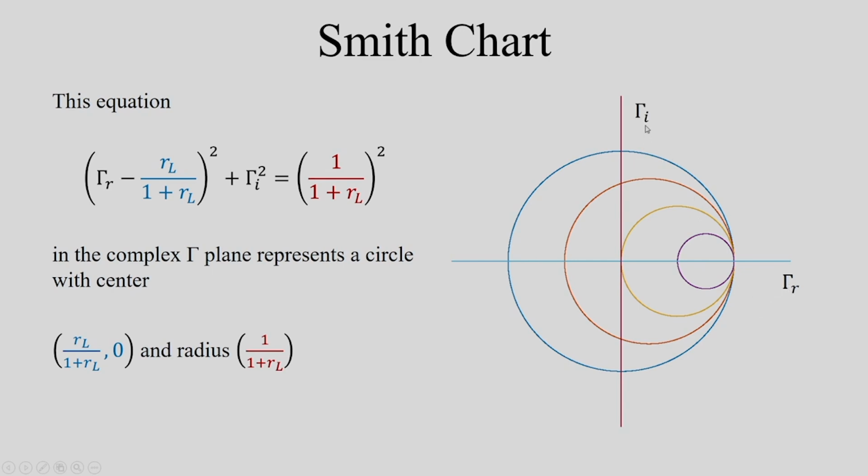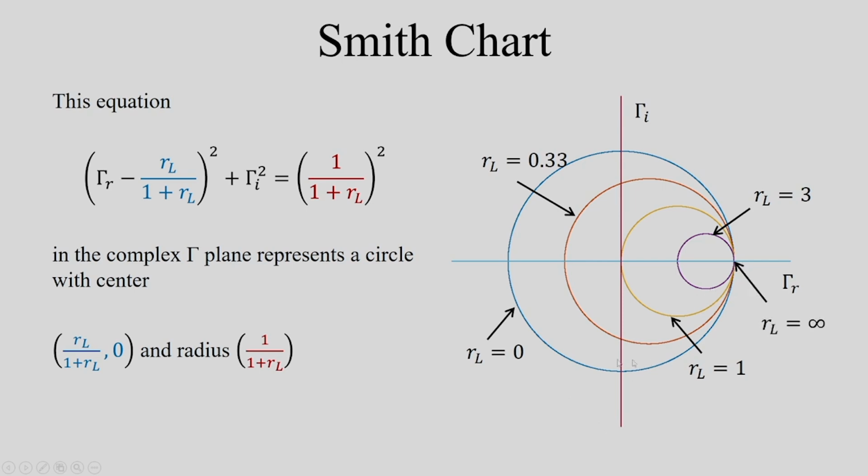So, we can see that for RL equal to 0, we will get this circle. So, this is the RL is equal to 0 circle, and if we take RL is equal to 0.33, then we get this particular circle. In fact, RL is equal to 1 gives this circle and RL is equal to 3.